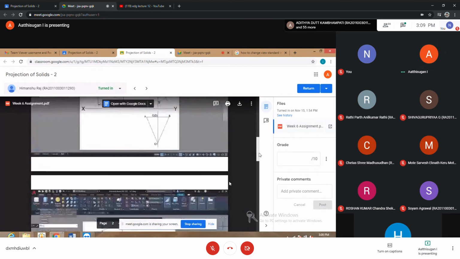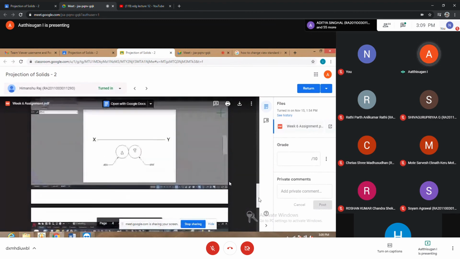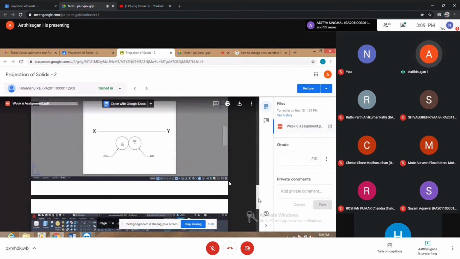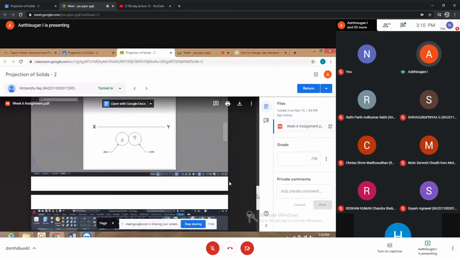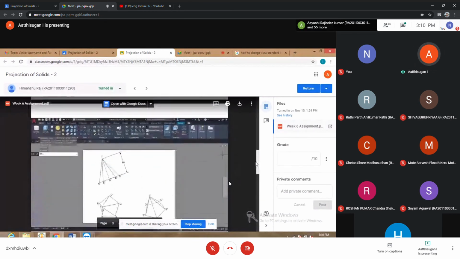If you give colors also, well and good. In the first 2-3 weeks some people gave colors and all, which is also fine. Very good, but drawing correctly is the important thing. The main thing is correctness, then neatness. That will be considered for evaluating you, not only for this week's correction but also for your final exams, the university exam as well as the model practical exam.